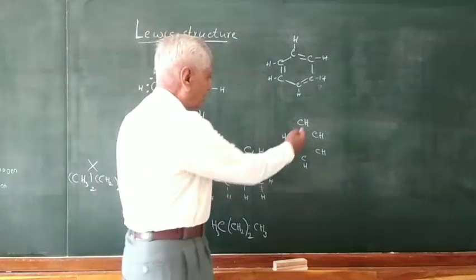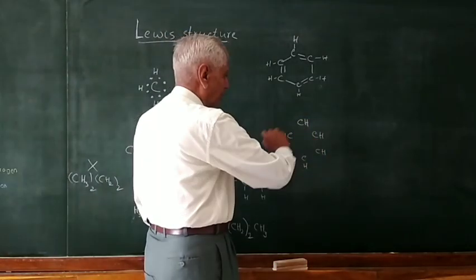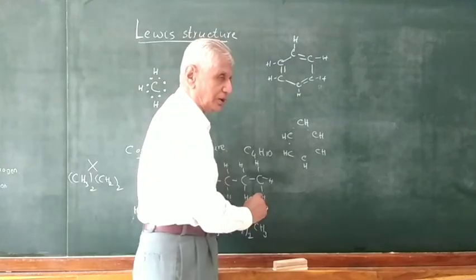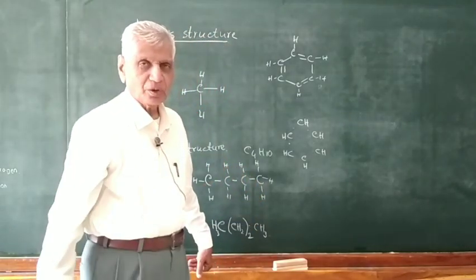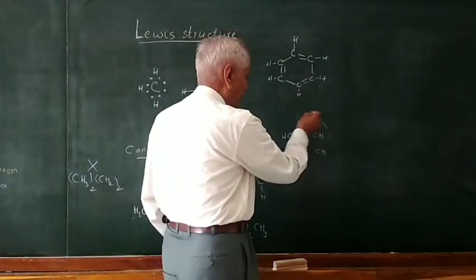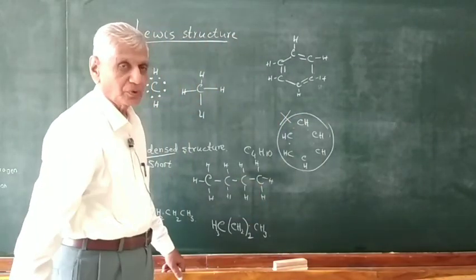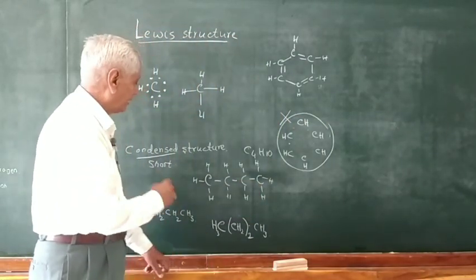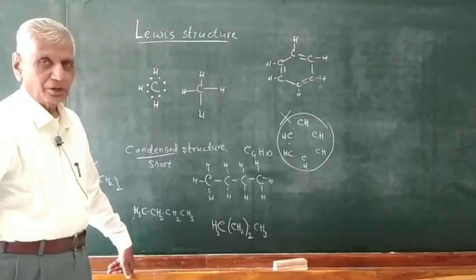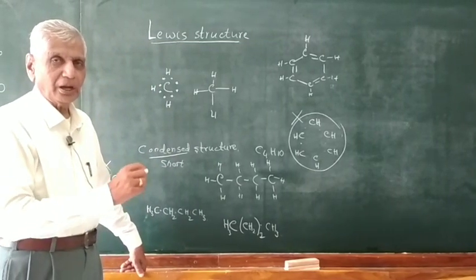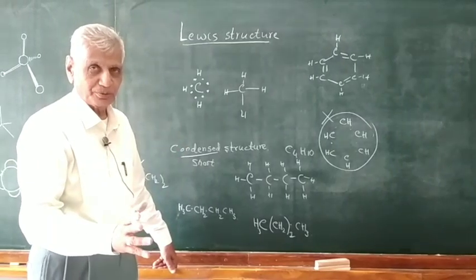This shows that all the 6 carbon atoms are in the circle and each carbon carries a hydrogen that is not bonded in there. But this is not the correct way of representing benzene. Anyway, when you are writing the condensed structure, you have to write only the elements and no bonds.